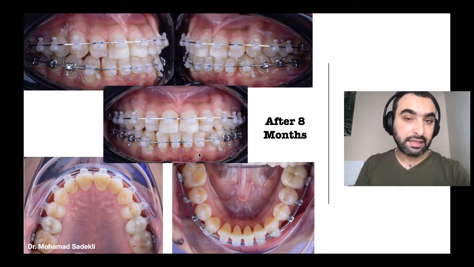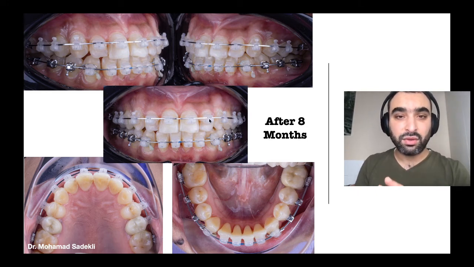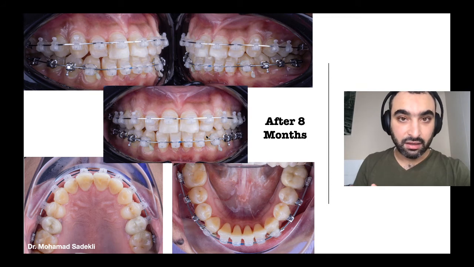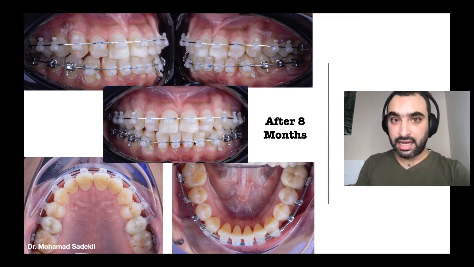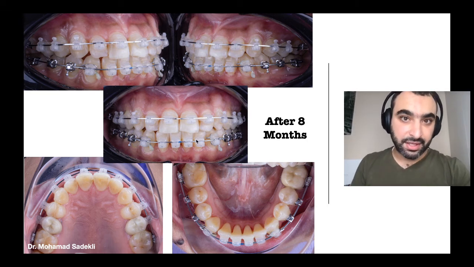The sequence that I usually use with the Damon system, and the sequence that I used with this case, I started with a 14 copper nitinol wire. With the 14 copper nitinol, I didn't use intermaxillary elastics. And then I went to an 18 copper nitinol, with which I started the intermaxillary elastics.